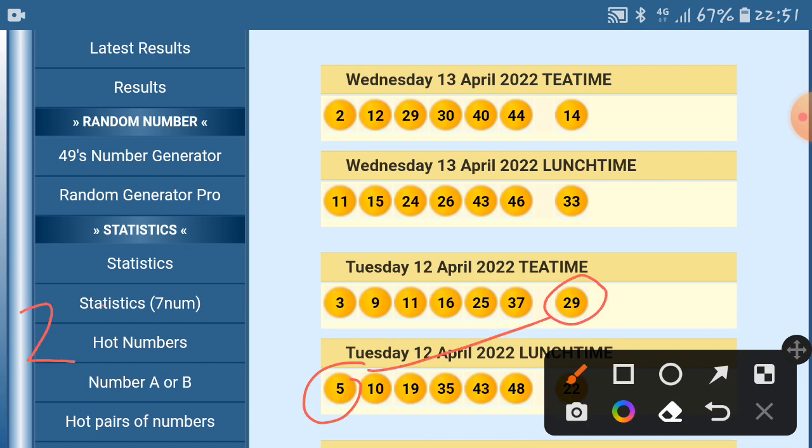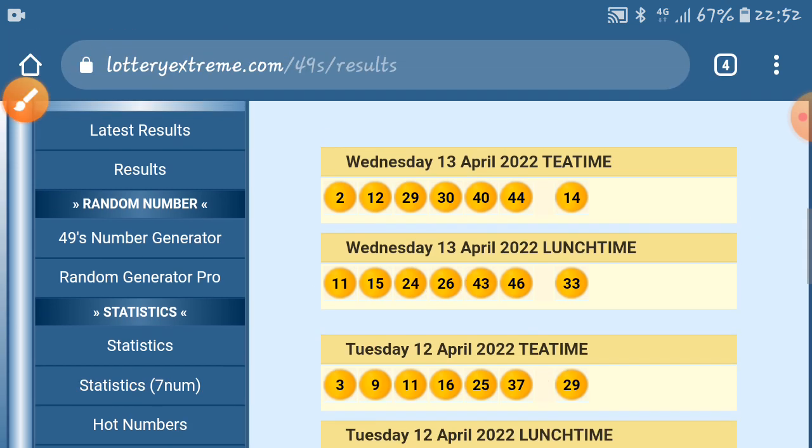Okay. We've got 29 plus or minus 5, which will give us 34 and 24, right? 34 spinned, it's 43, and we have got 24 sitting there. Okay, all right.